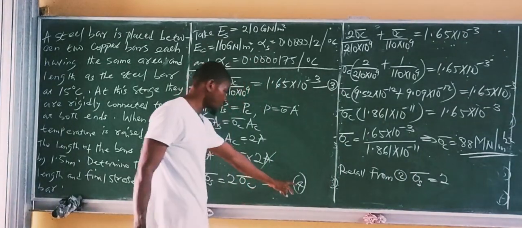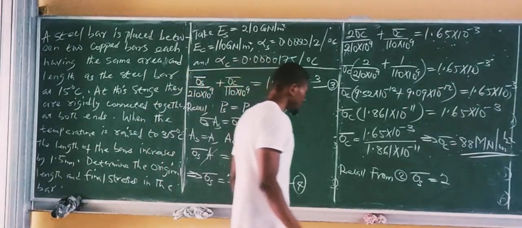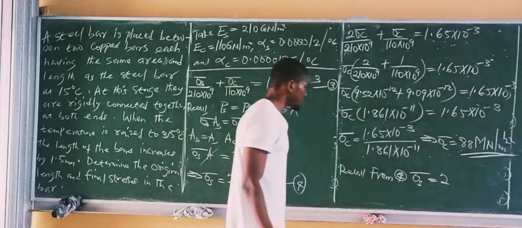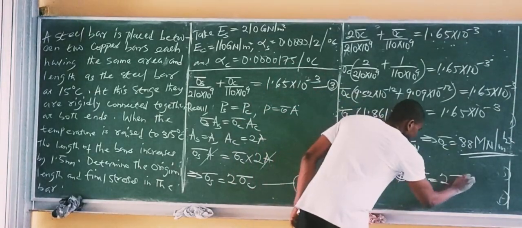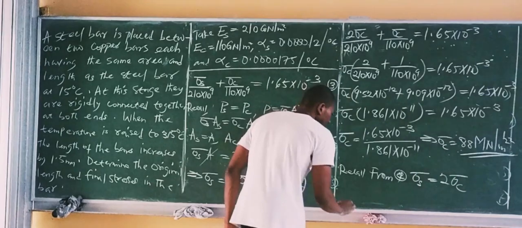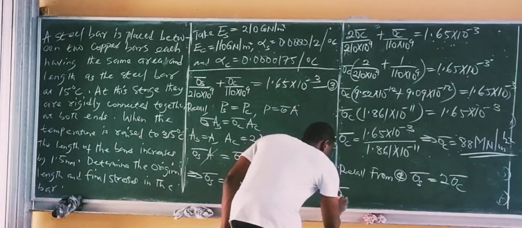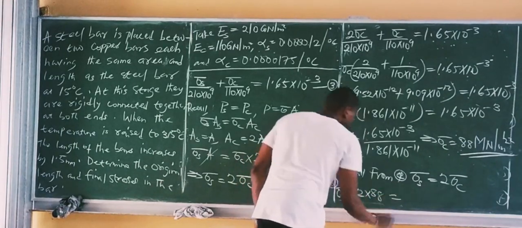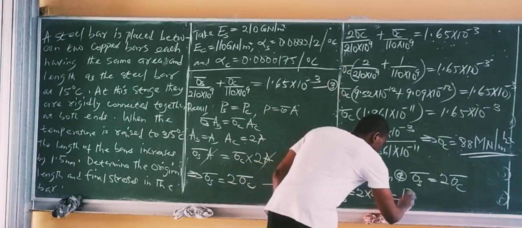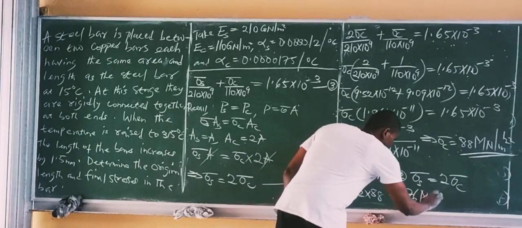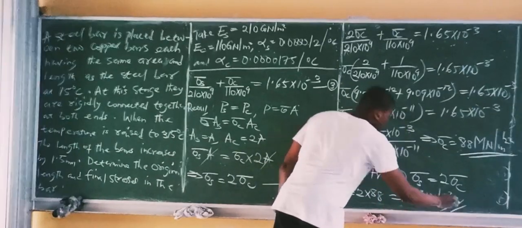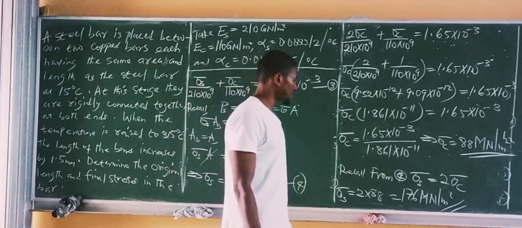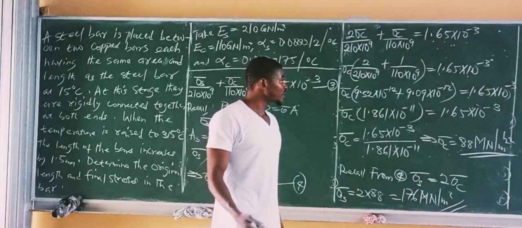So the stress in steel is simply 2 times 88 meganewtons, and that's equal to 176 meganewtons per meter square. Alright guys, those are the stresses induced in the copper rod and in the steel rod.